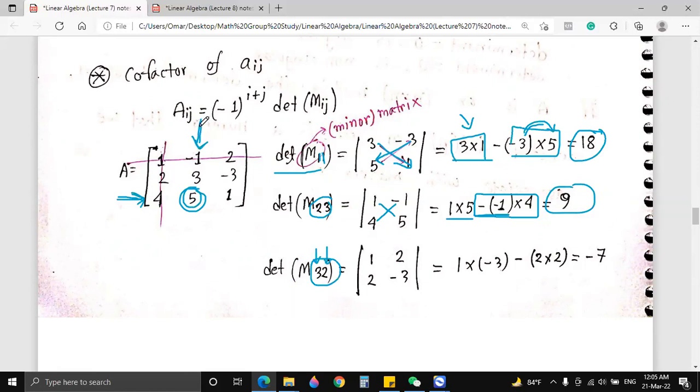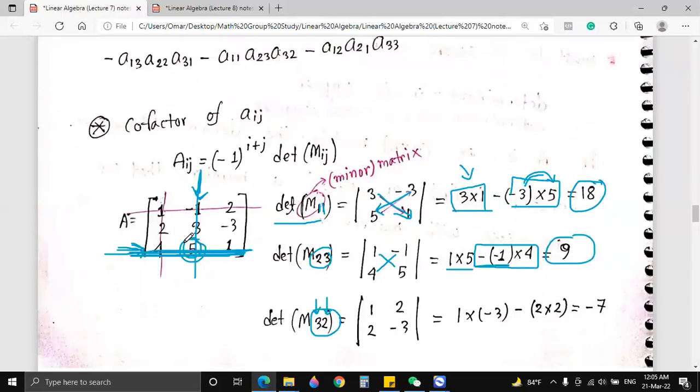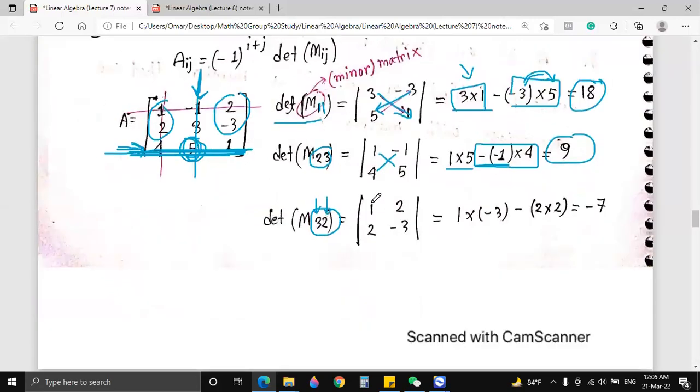So now we will omit this column and this row, okay? Because our entry is here, right? So now we are left with 1 2 and 2 minus 3. So that's why I write down here 1 2 and 2 minus 3.